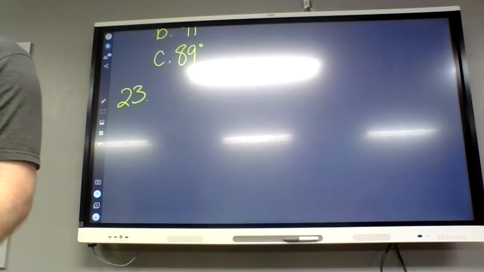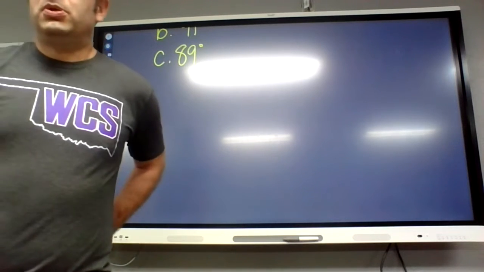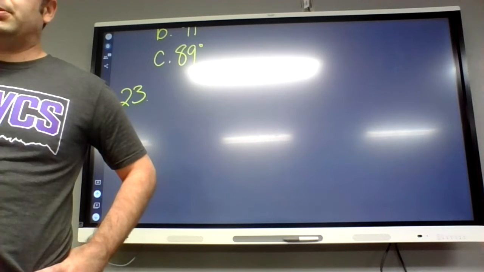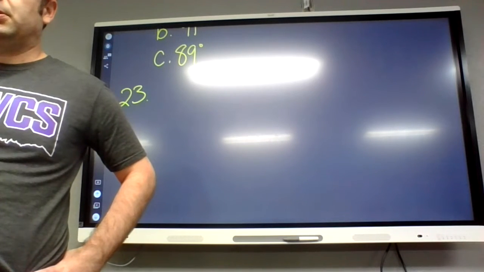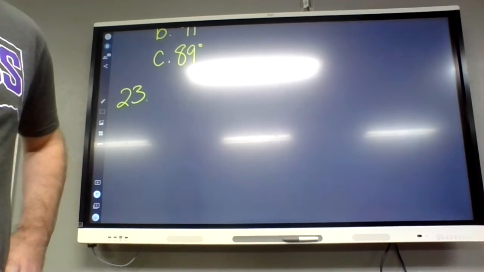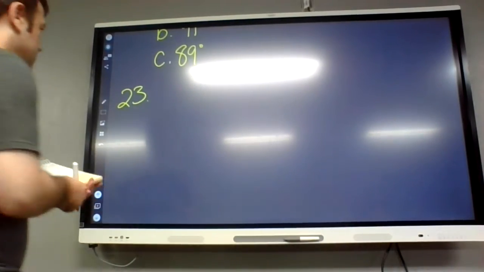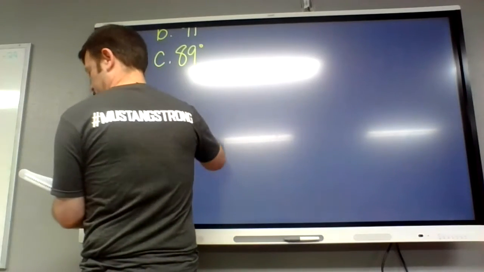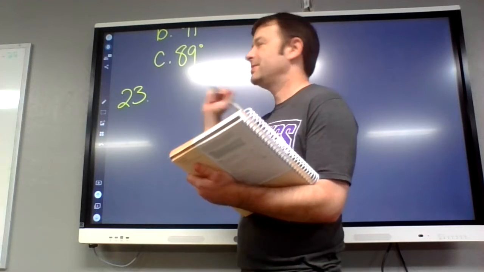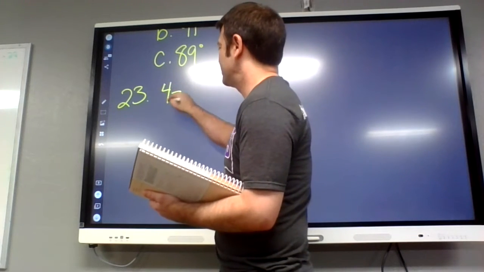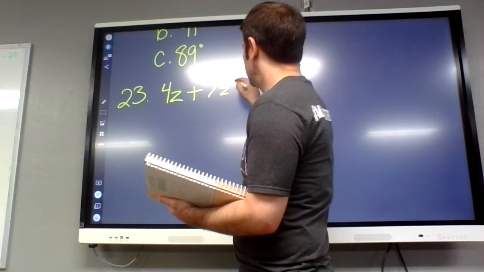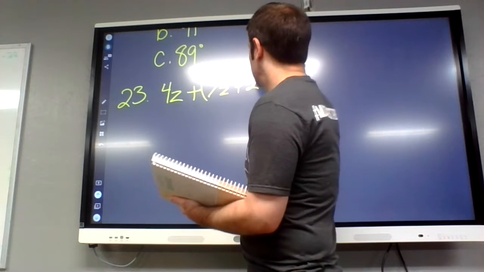23. What do we know about those two angles on 23? They add up to 90. So how would I write that as an equation? 4z plus 70z plus 2 equals 90.